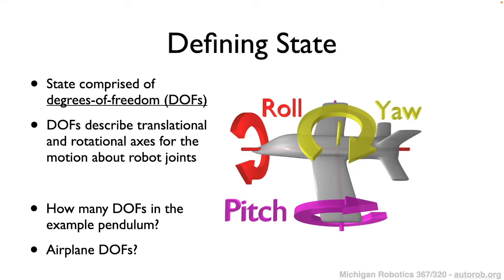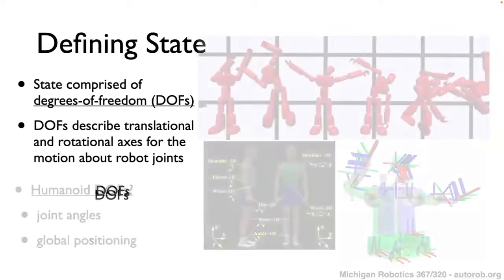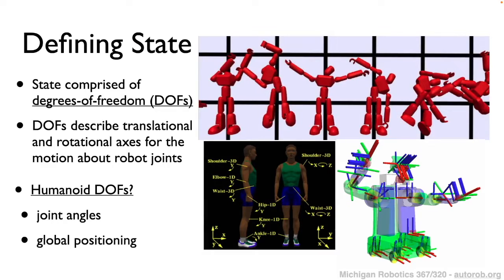And so in our example pendulum that we looked at on the slide before, we have a single degree of freedom, which was just a single revolute joint that our motor would be acting on. In that particular case, it's a relatively simple state to define, but we can use this same concept of degrees of freedom to represent the state of more complicated robots.